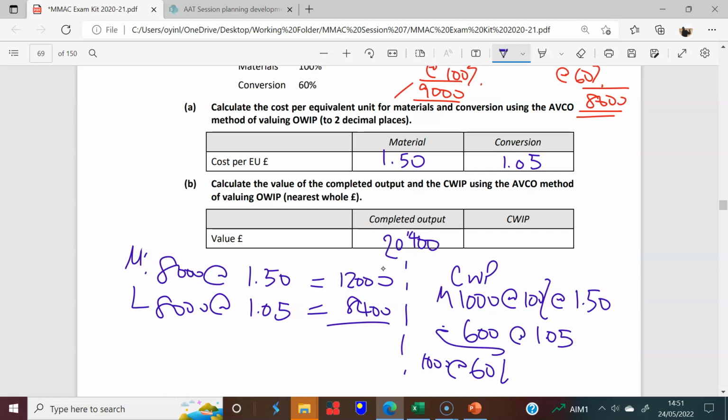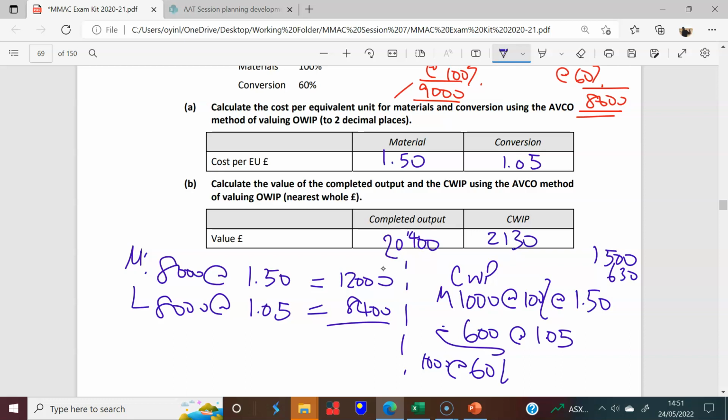So I have 1,000 times £1.50, which is 1,500, and then 600 times £1.05, which is 630. Add the two together, and you have 2,130.